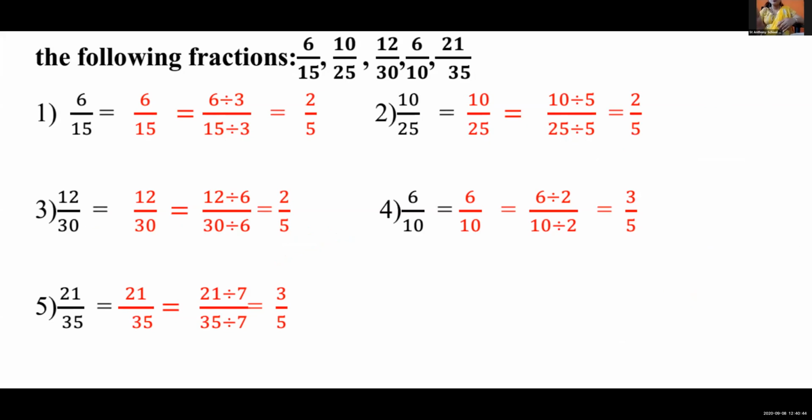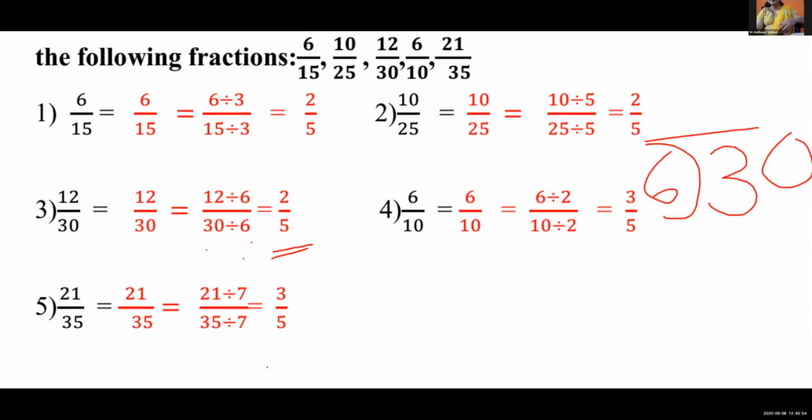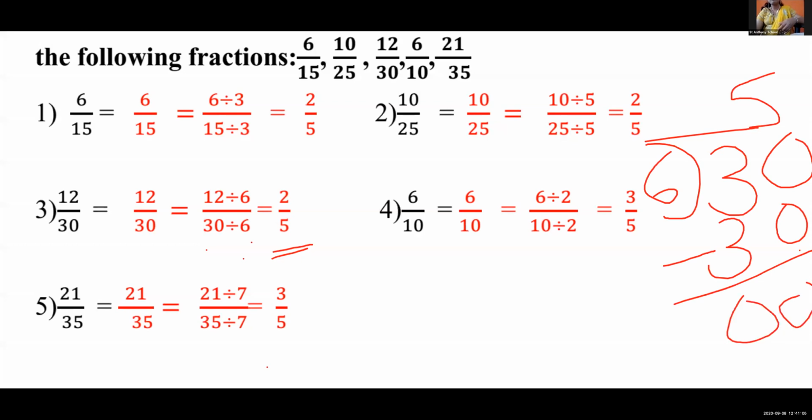So 6 5s are 30. We'll divide by 6. I hope everyone understood this division. 30 divided by 6. 6 5s are 30. So 0 minus 0, 0. 3 minus 3, 0. So what will come over here? 5. That we want, denominator 5.